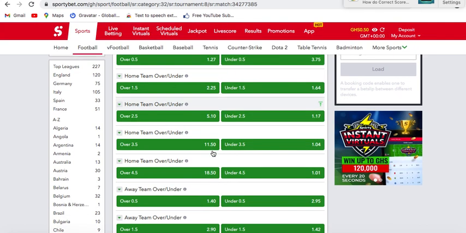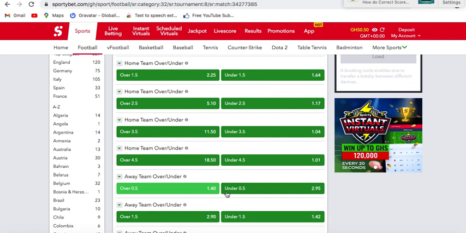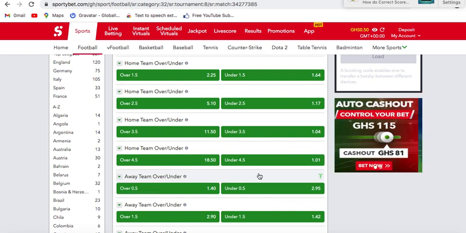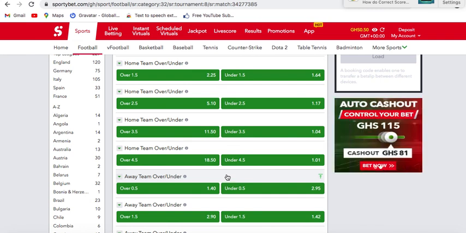When you come down to the away team, you can see that the away team is having the 0.5 goals at 1.40 odds. So the probability for the away team to score 1 or 2 goals is very high.